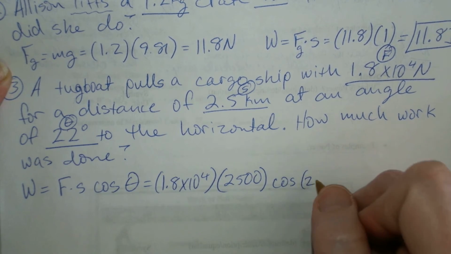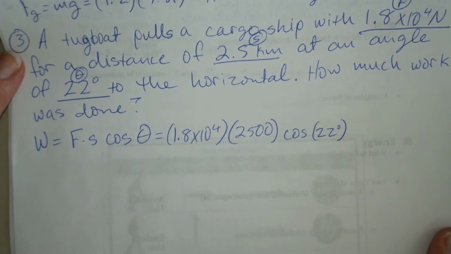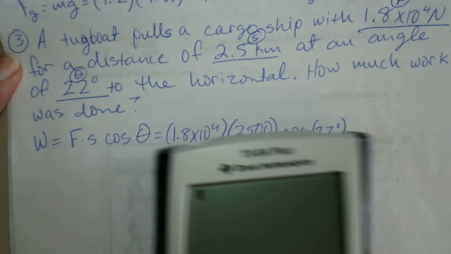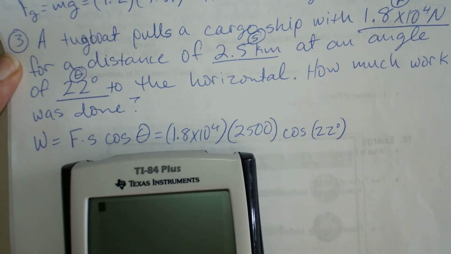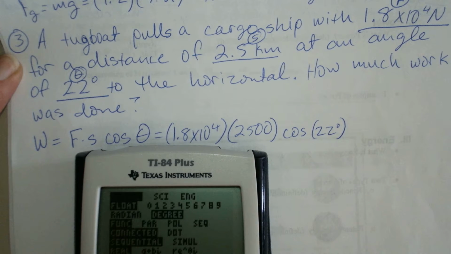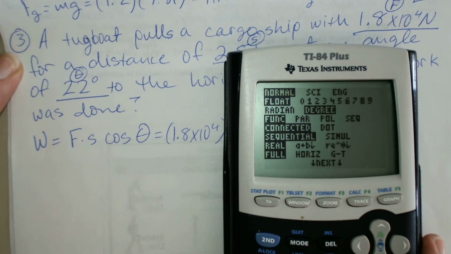Theta is 22 degrees. Okay, so we need to make sure our calculator is in degree mode. So the first thing we have to do is hit mode. Make sure your calculator is in degree mode. If it's in radians, it will not work. You have to put it in degrees.